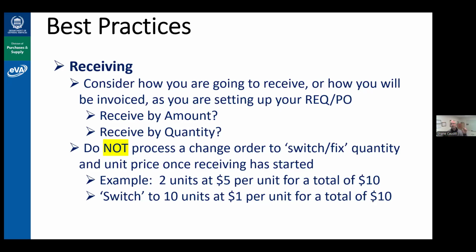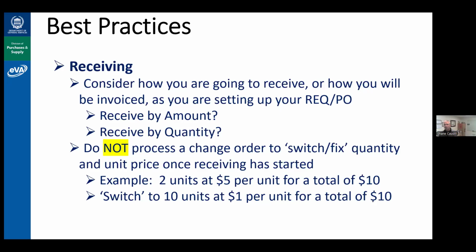A couple other things we're seeing, reinforcing a best practice. Please, do not process a change order. I even capitalized and highlighted it in our presentation here. Do not process a change order to switch or fix quantity and unit price once receiving has started.